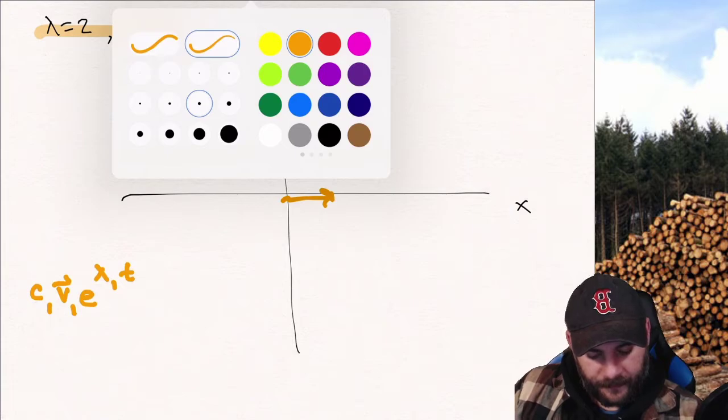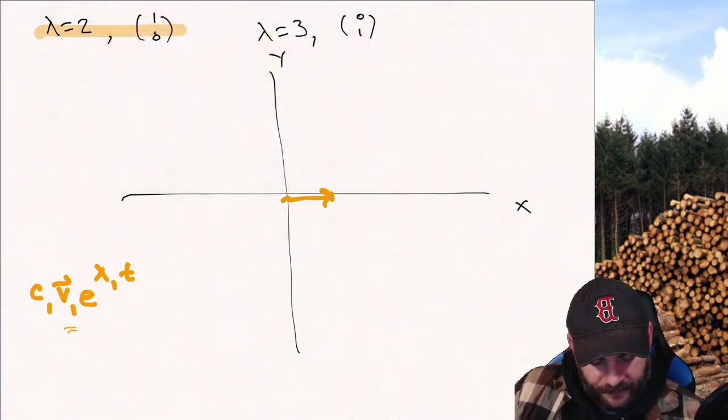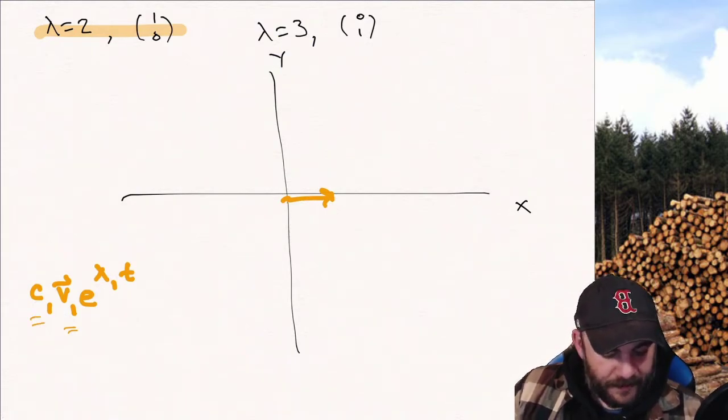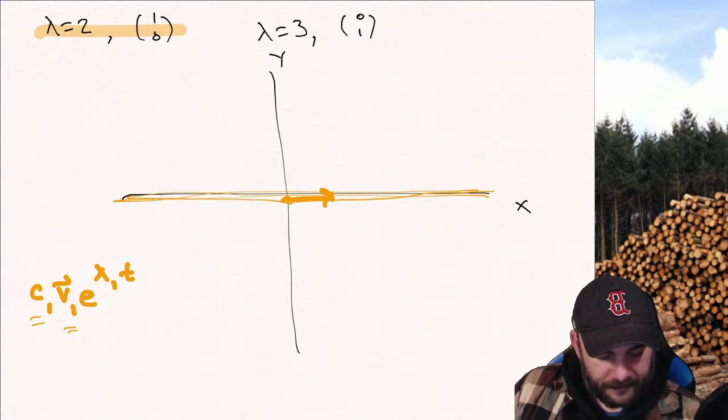All right. And I did not make this nearly thin enough. There we go. This v1, that's what we've just drawn, the vector pointing in that direction. This c1 means that it can be any scalar of that vector. So it really just takes up the whole x-axis.